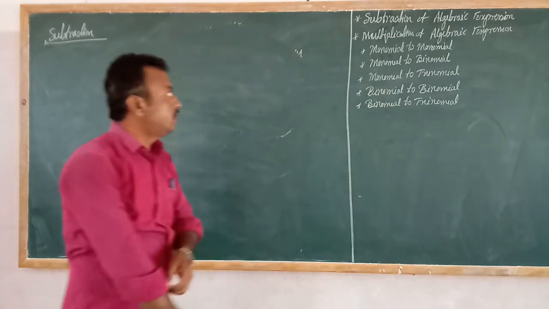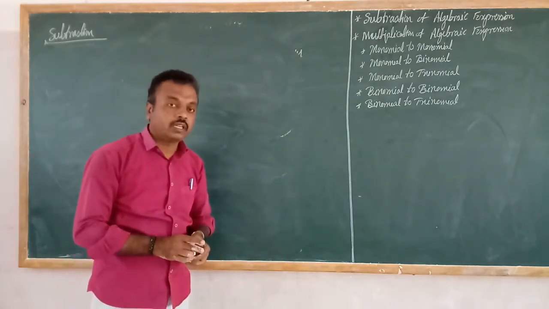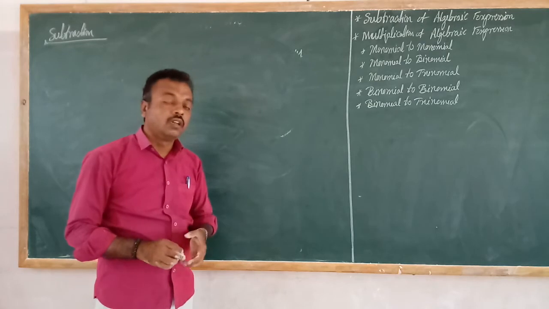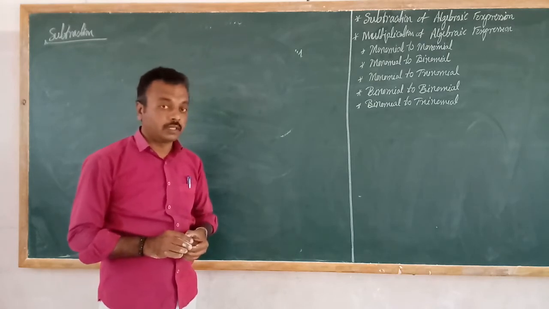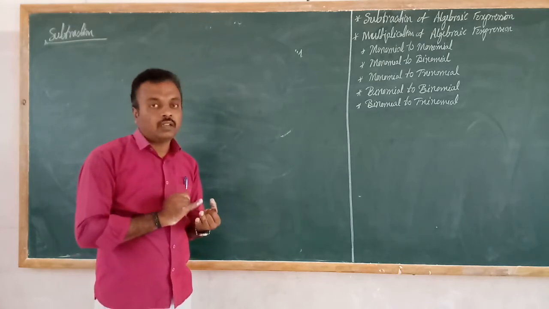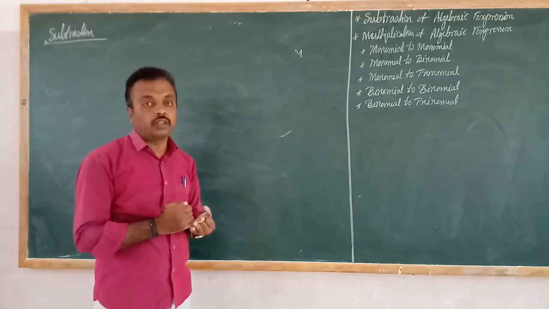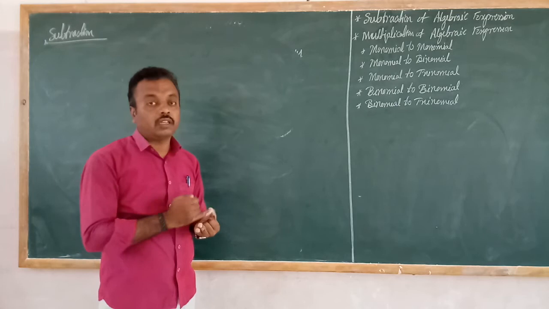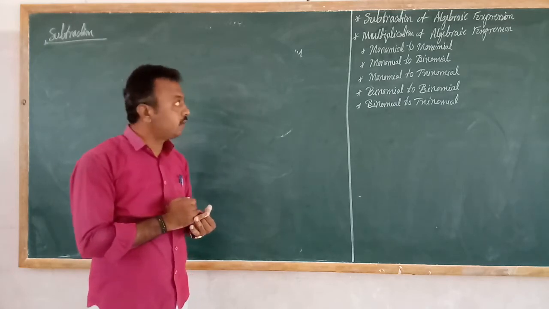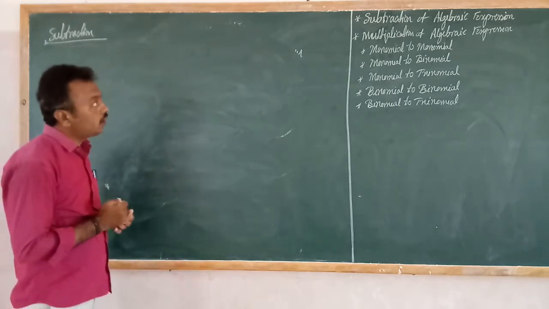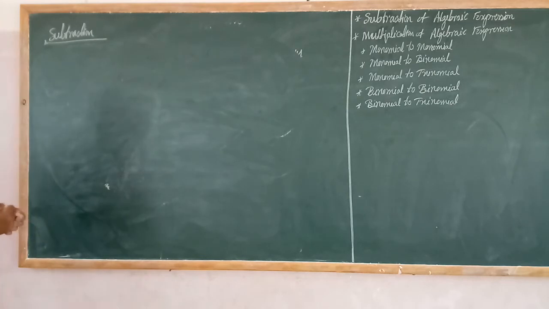Are you understanding the subtraction of algebraic expressions? In the previous classes, I showed the addition of algebraic expressions in column method and horizontal method. Two methods are there; you can solve with any one method, the addition and subtraction of algebraic expressions. So your choice. Next, the multiplication of algebraic expressions.